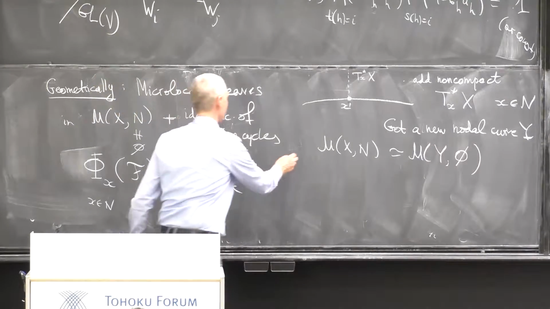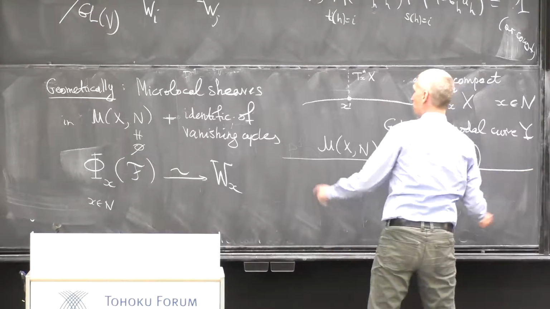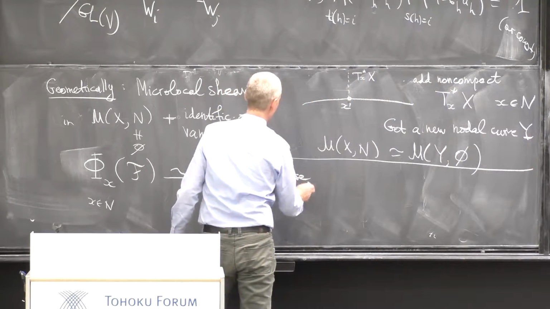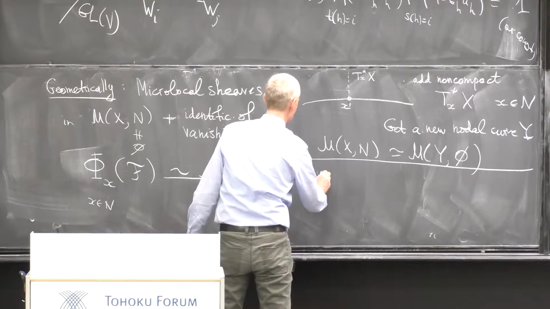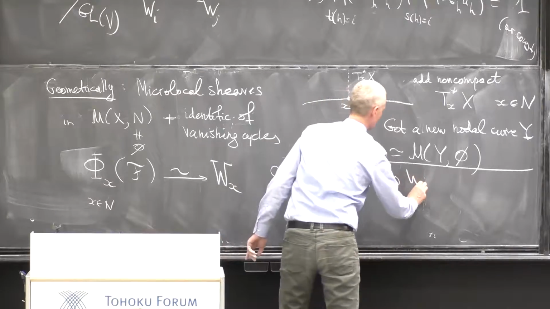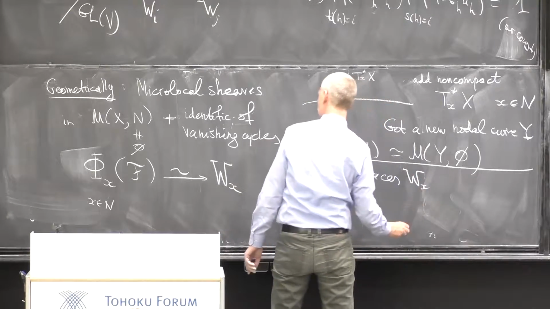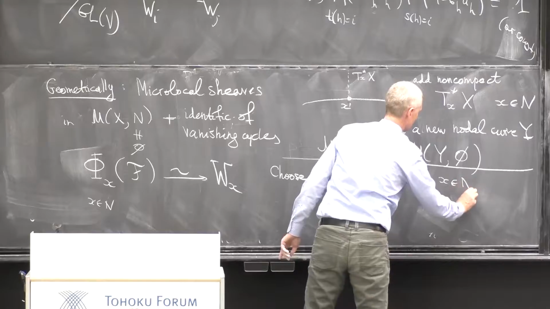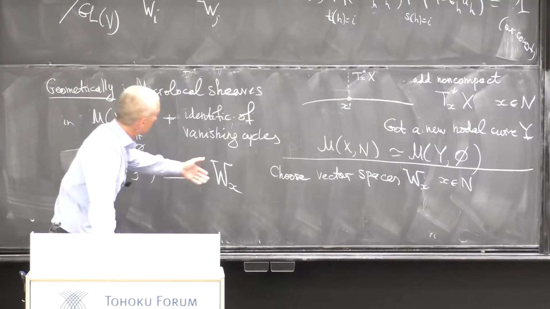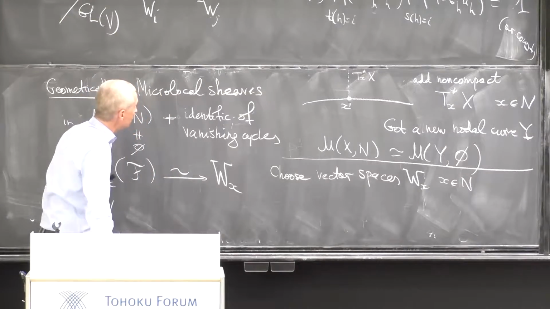But anyway, if you choose vector spaces W with X, and consider such data, if you fix this, they cannot form a linear category.